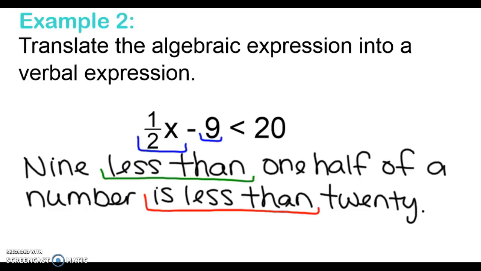So 1/2 of a number comes first, but if you use the word less than, it has to go behind. And the 9, which is behind the subtraction sign, you actually have to pop out front, because if you read it, you're taking 9 less than another number, which means we're subtracting 9 from something else. So be very careful with the word less than. That is pretty sneaky. And then is less than, just remember that that's going to represent your inequality.